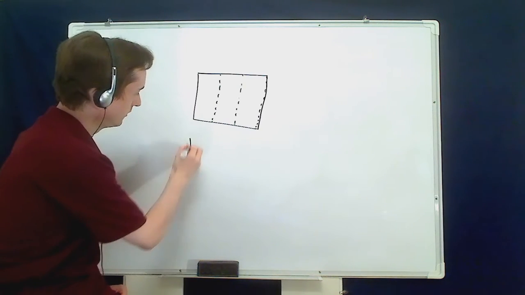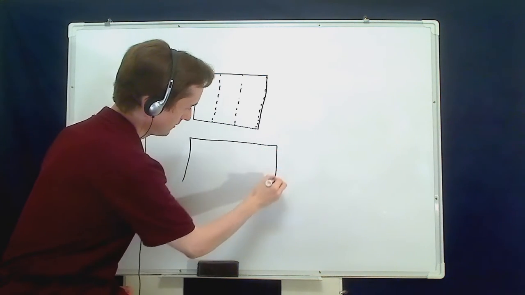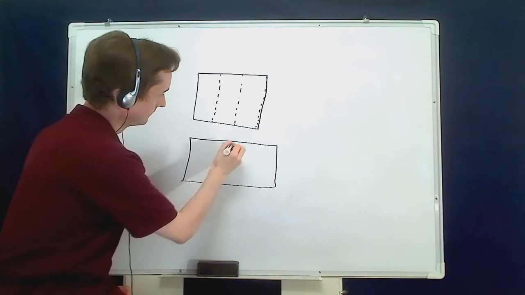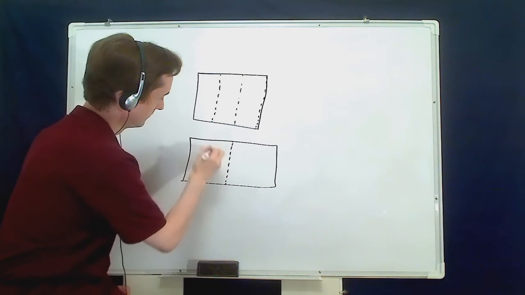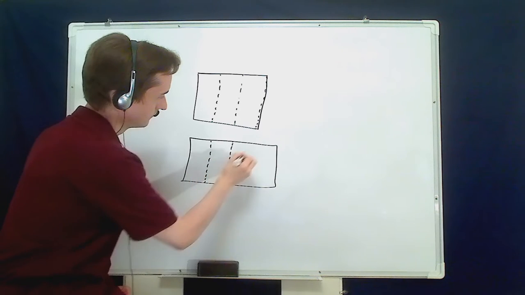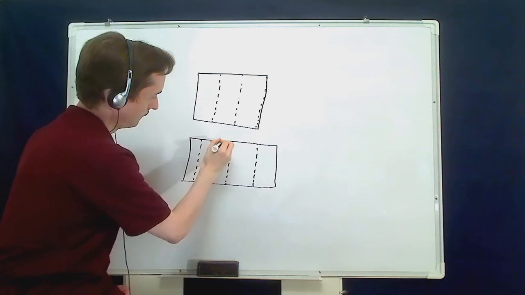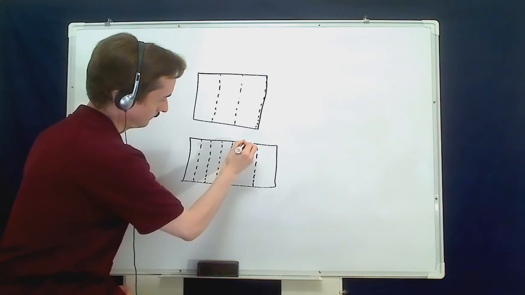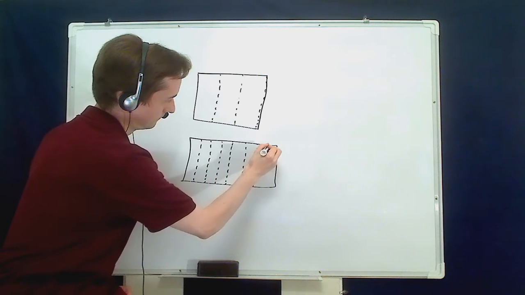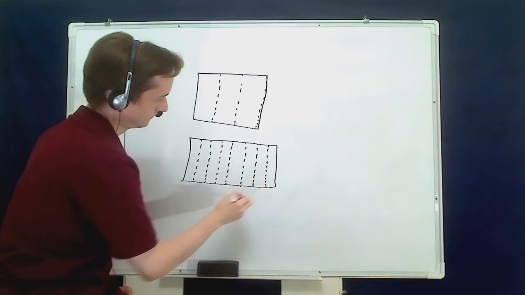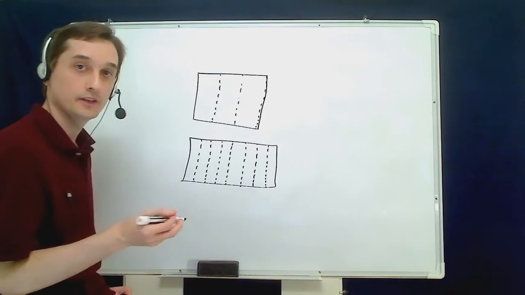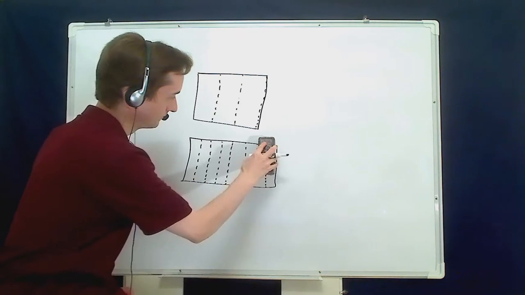But I could have also divided the paper into 8 equal parts. Each part called an eighth. And then cut away 2 of those eighths.